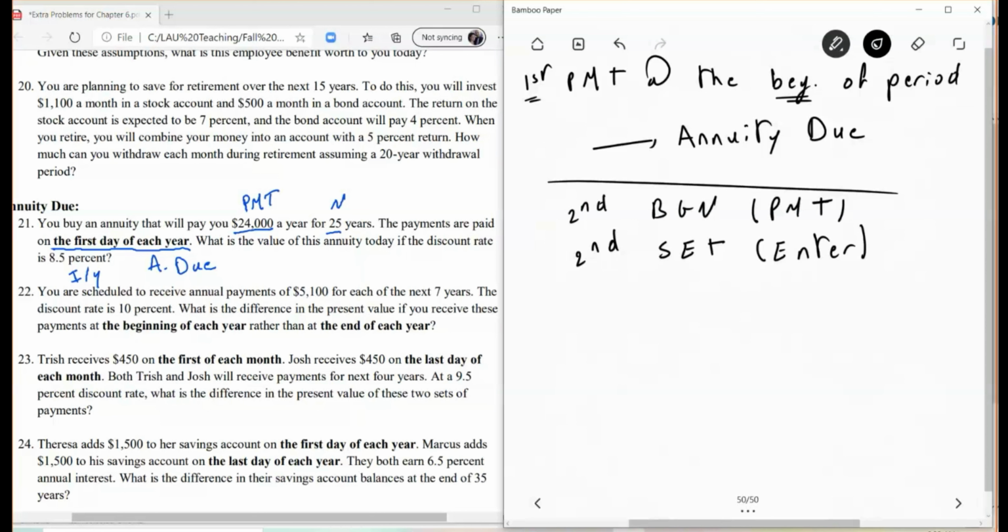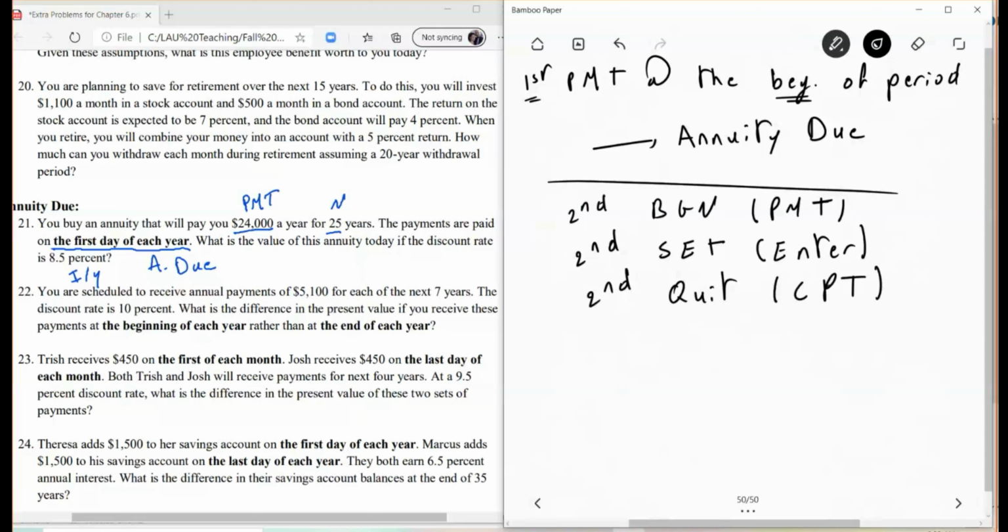Then you click on second, quit, which is mainly the compute button. So this is how I can go from the end mode to the begin mode.